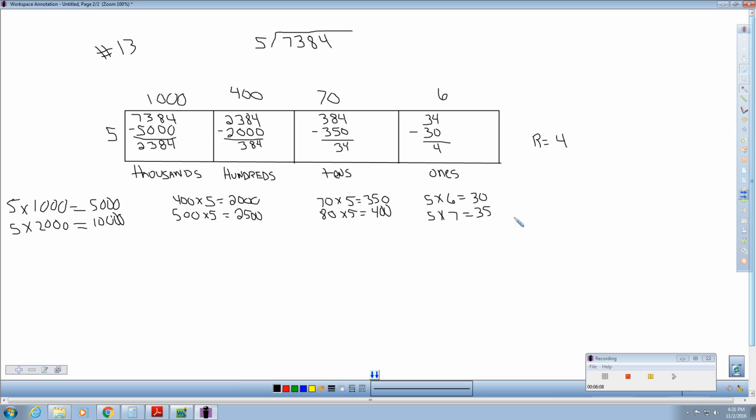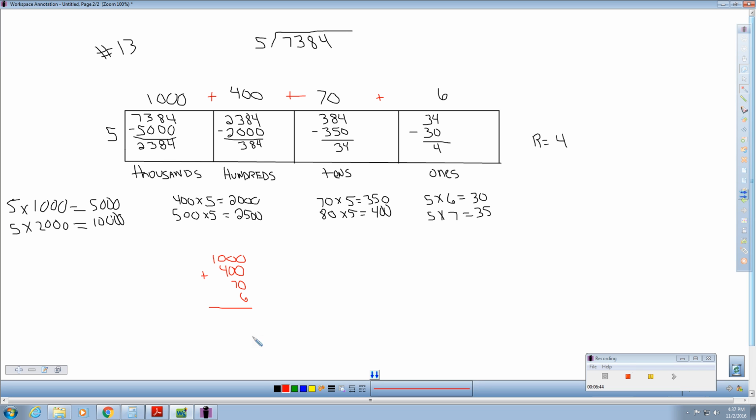So how do we finish this problem out? What we want to do is combine all these numbers up here. So I'm going to take 1,000 plus 400 plus 70 plus 6. So I'm going to do that down here. We have 1,000, alright, plus 400 plus 70 plus 6.